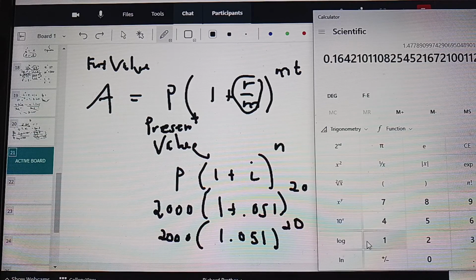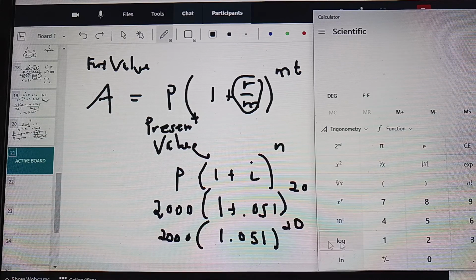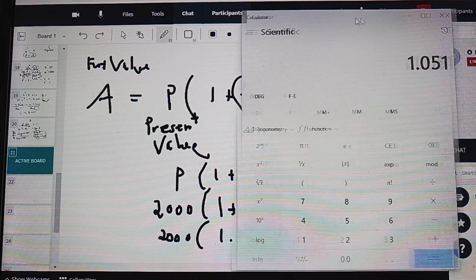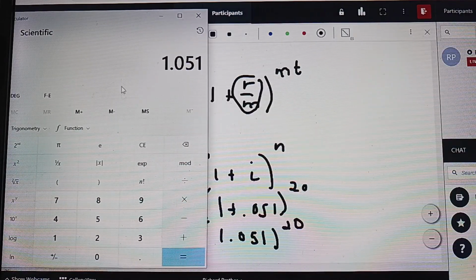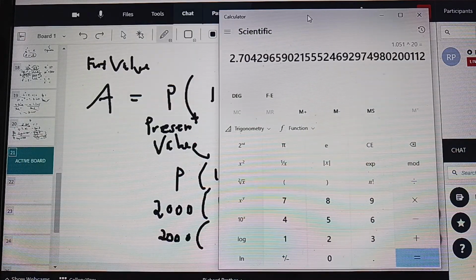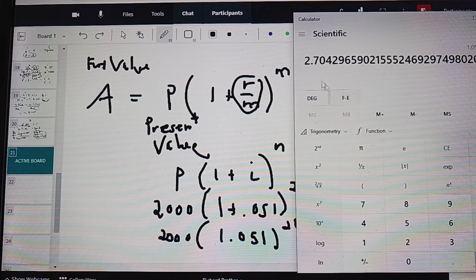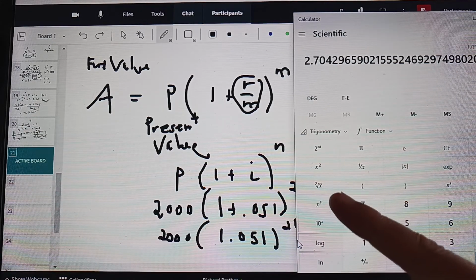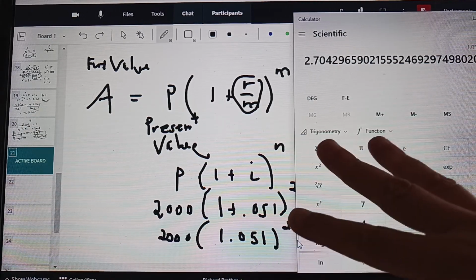So if I type 1.051, oops, you can't see it, 1.051 raised to the 20th power. And that's going to be a big, long, messy decimal. But that's okay because the calculator has it there. And then the only thing left is to multiply by 2,000. So you did the parenthesis first, then the exponent, and then finally the multiplying last.